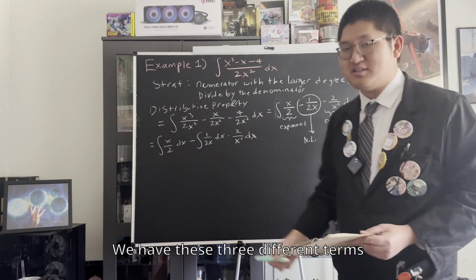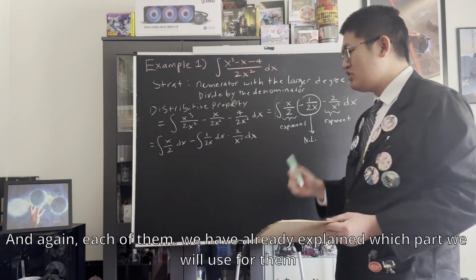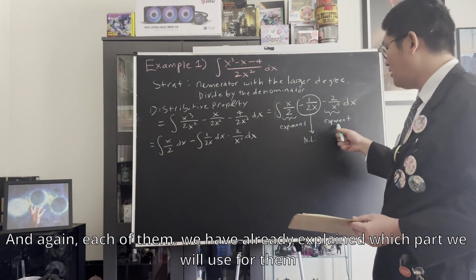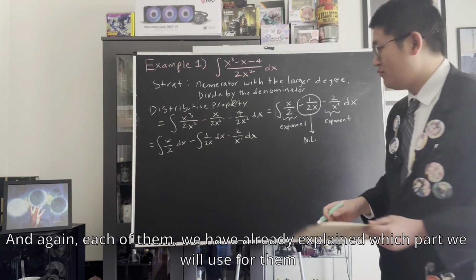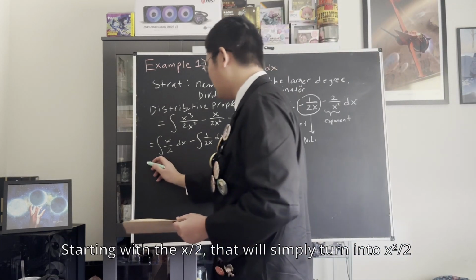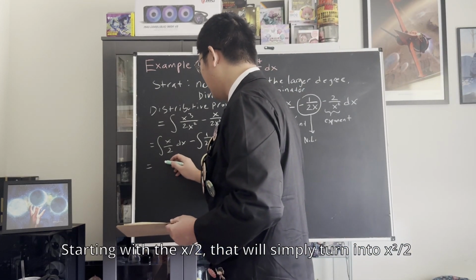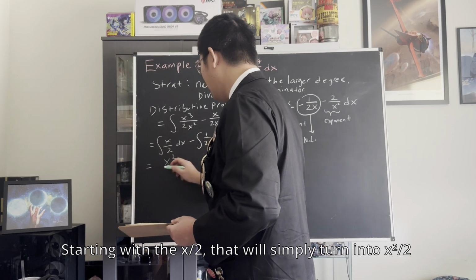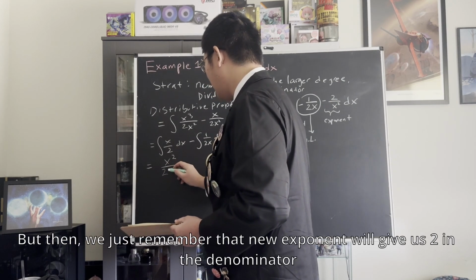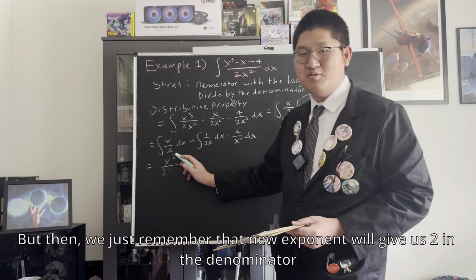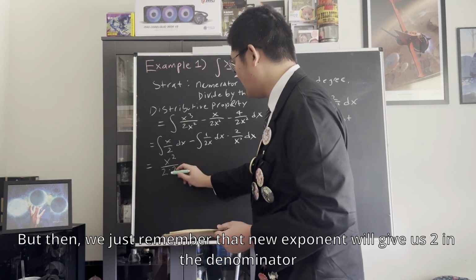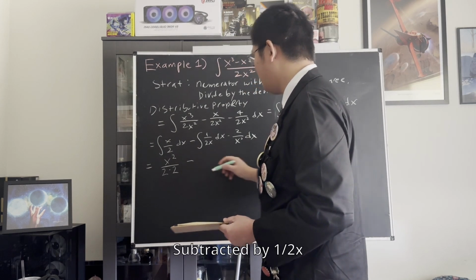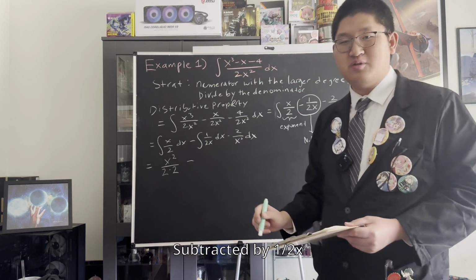We have these three different terms, and each of them we've already explained which rule we will use. Starting with the x over 2, that will simply turn into x squared over 2, but then we just remember that the new exponent will give us another 2 in the denominator, subtracted by 1 over 2x.